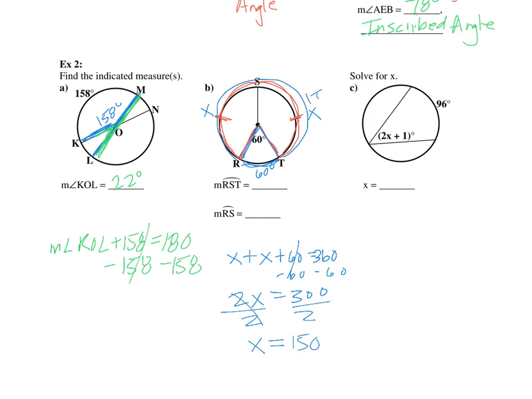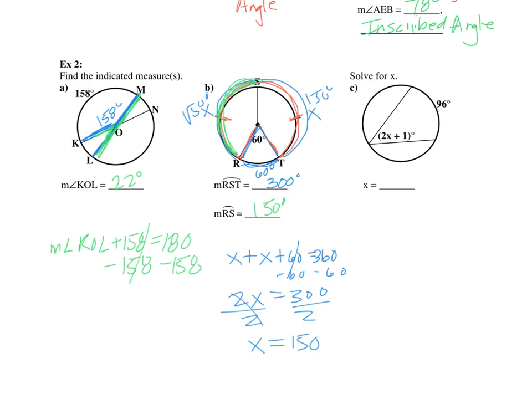So that's 150 degrees, and that's 150 degrees. Add them both up, and I get 300 degrees. Then it's asking for the measurement of arc RS. I already figured that out. It's 150 degrees.